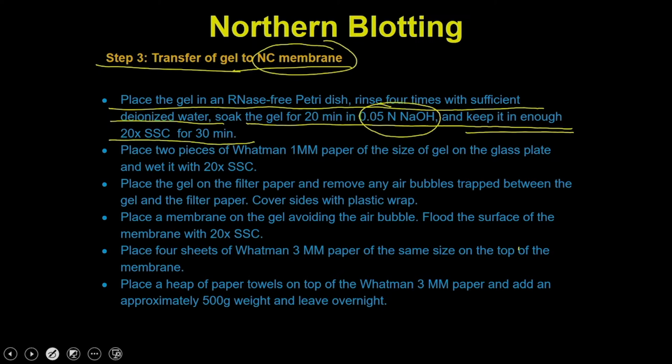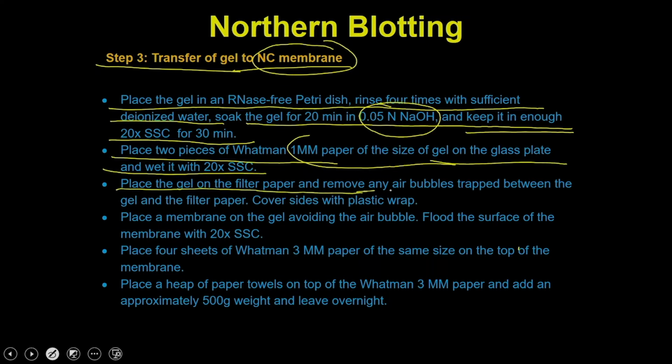Now, place 2 pieces of Whatman 1 mm filter paper of the size of the gel onto the glass plate and wet it with the 20x SSC. Place the gel onto the filter paper and remove any air bubble trapped between the gel and the filter paper. Cover the sides with plastic wrapping paper.